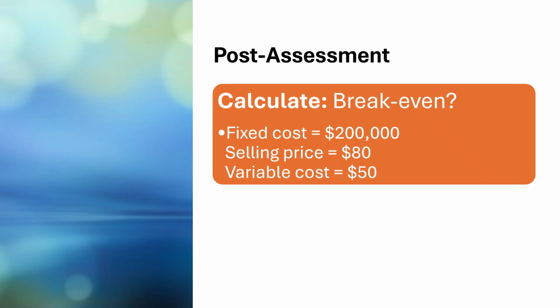As we move to conclude with a financial calculation, if the fixed cost is $200,000, the selling price is $80 and the variable cost is $50. What is the break-even quantity?